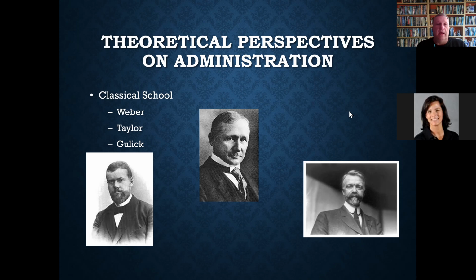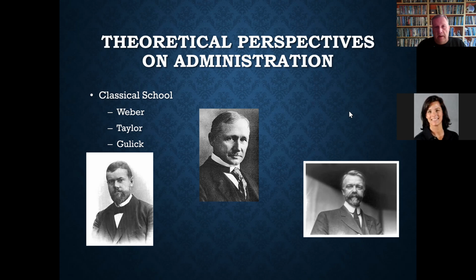The way in which I like to introduce these theoretical perspectives is to do it in a chronological fashion. Because if we can generally follow that chronology, we can really see how the theories and the literature in public administration have developed over the years. We're going to back our discussion up into the late 1800s and bring it up to our contemporary period.